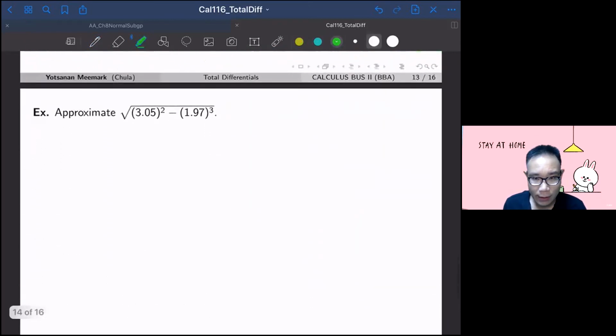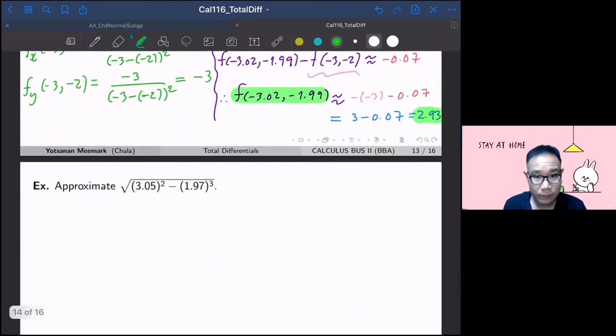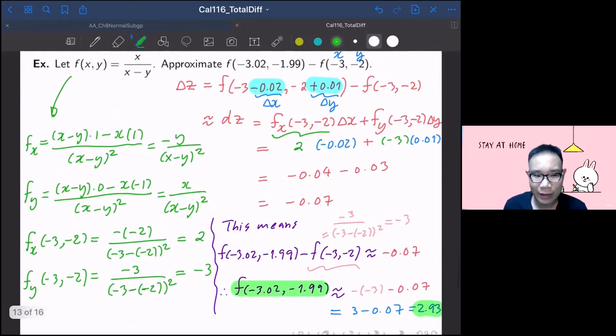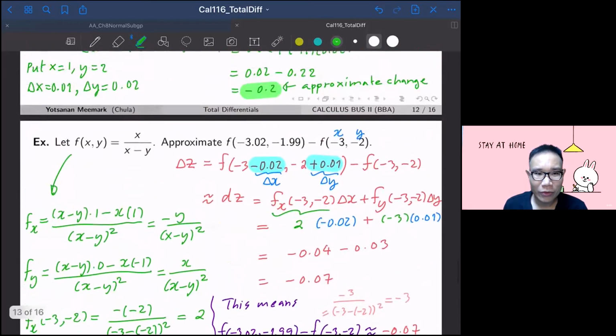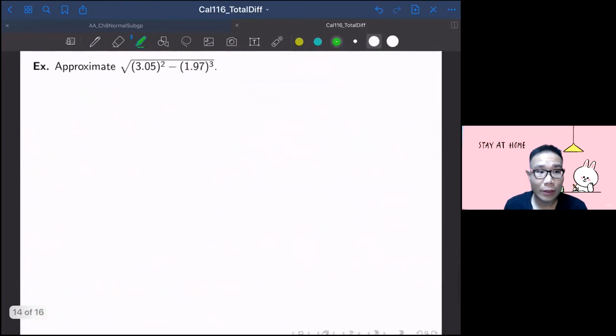The second one, okay, with me so far? I know that it's going to be too much information to gather. We did already 2 examples. The next one that we're going to do is, we'd like to approximate the square root of 3.05 squared minus 1.97.